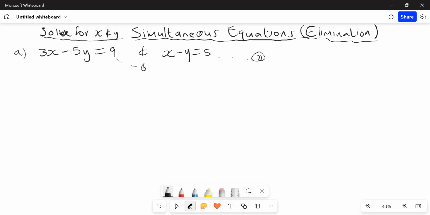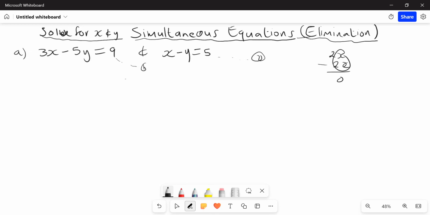Now for us to eliminate, we need to have two things which are the same. For example, let's say we have 2x minus 2x. Then when we eliminate here, we get a 0. We've eliminated the variable x, right? So we need to get two things which are equal, and then we can cancel or subtract from there.